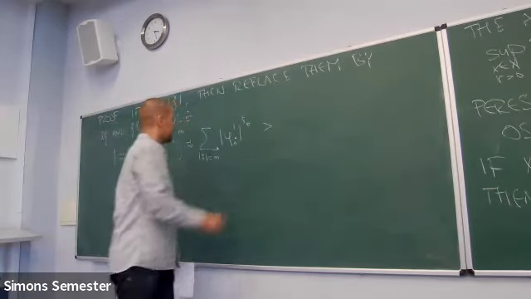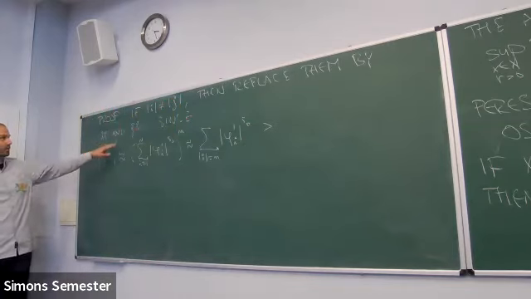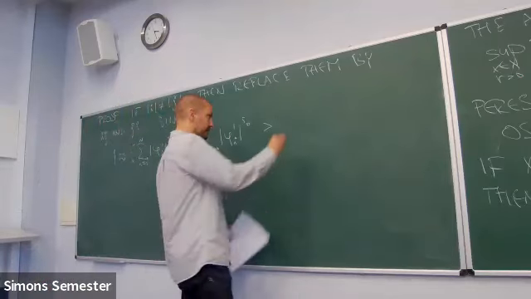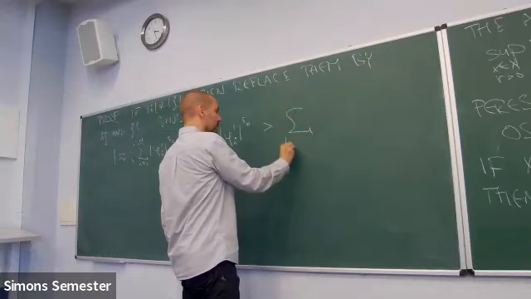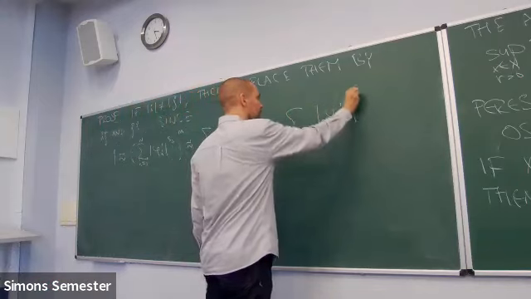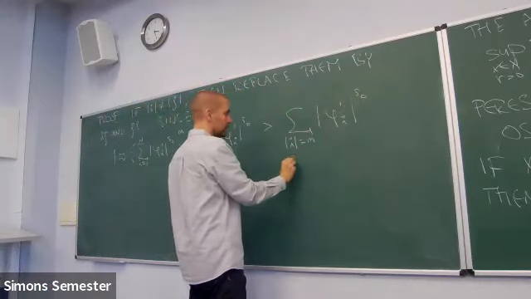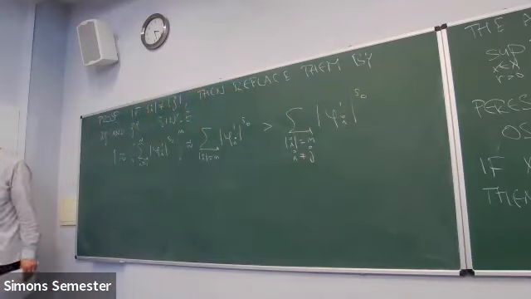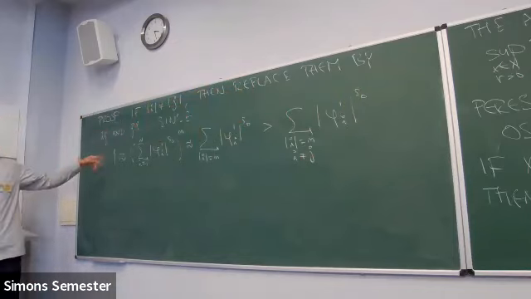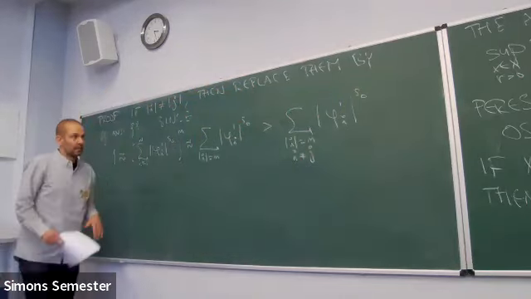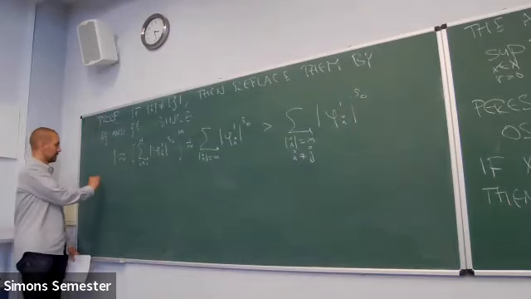And if n is the length of these words, then this actually has to be strictly bigger than the sum where we have omitted this j, because the corresponding maps were the same. And that's it.